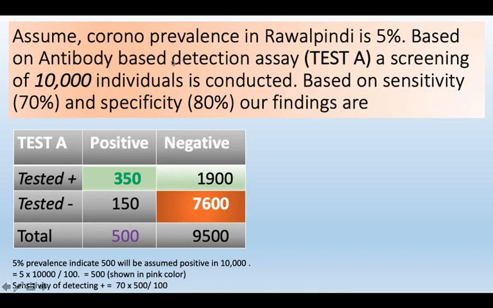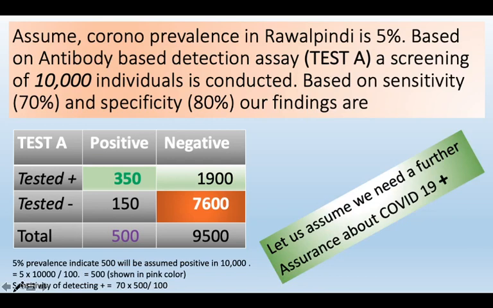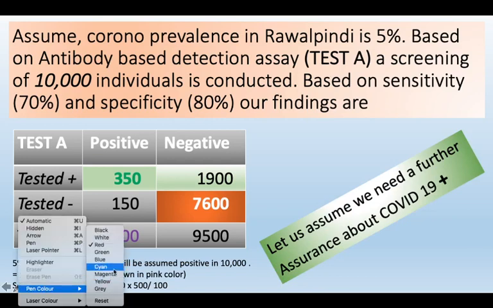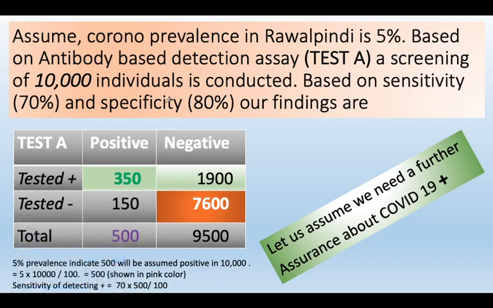Based on the antibody based detection assay, which is declared as test A, we assume the test is applied to 10,000 individuals, and we want to calculate how many are declared positive and how many negative. With 5% prevalence, out of 10,000 individuals there would be 500 positive for COVID.